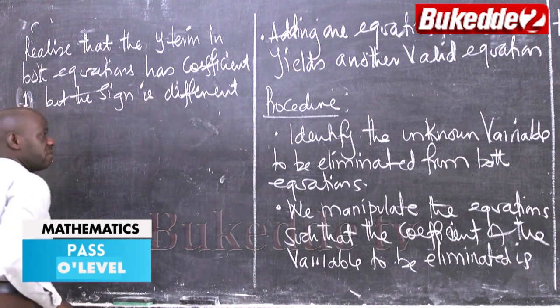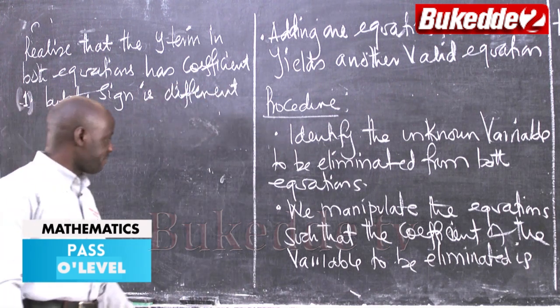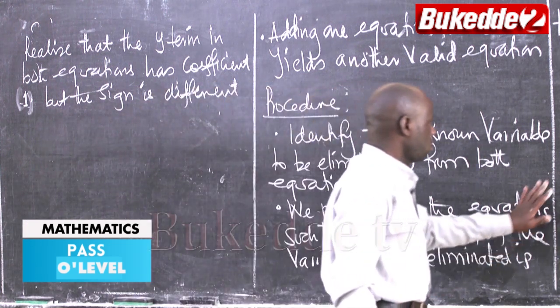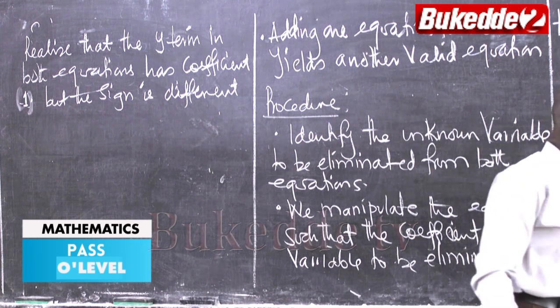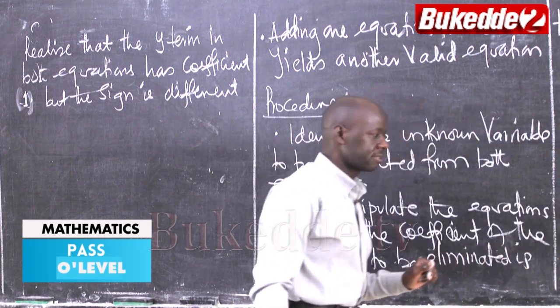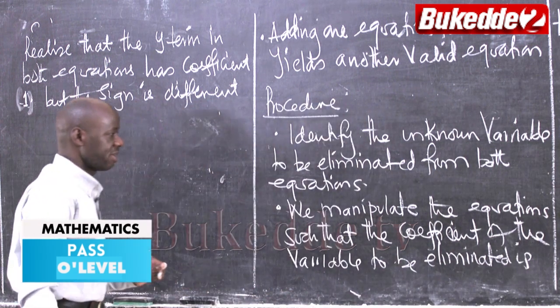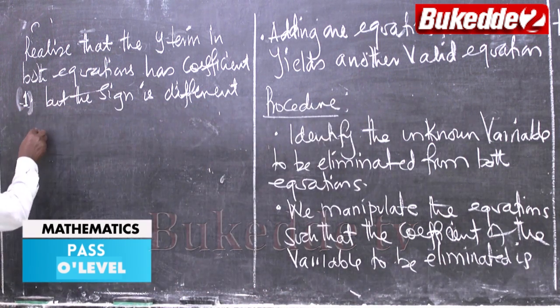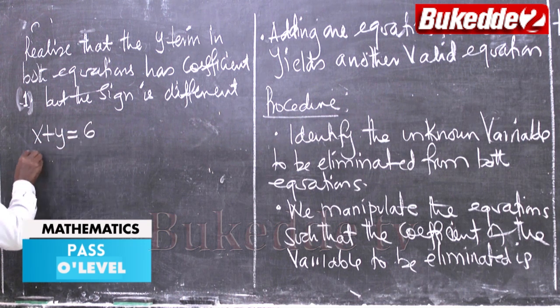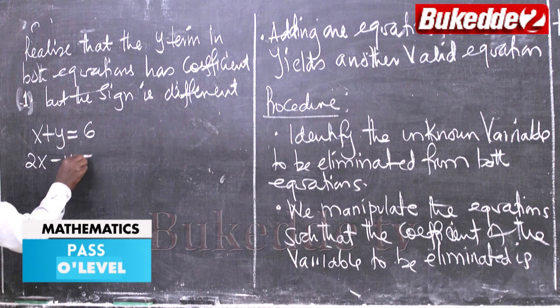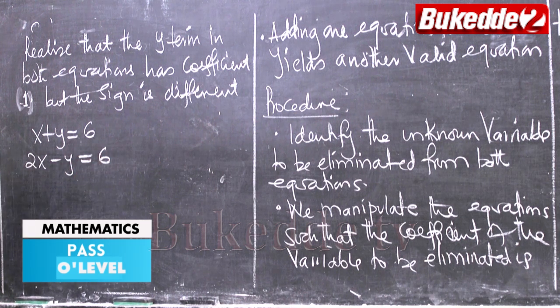So if the sign is different, what have we said? If the sign is different, we simply add the equations. If the sign is the same, then we subtract the equations. So please realize here that we have from equation 1, x plus y is equal to 6, and then 2x less y is equal to 6.